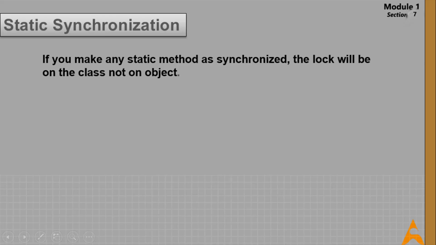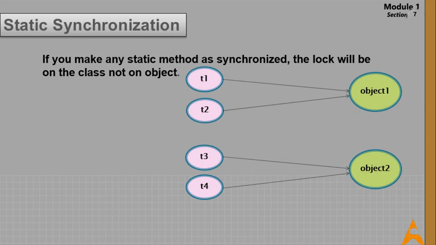Now let's talk about static synchronization in Java. If you make any static method synchronized, the lock will be on the class, not on the object. Suppose there are two objects of a shared class, for example, Table, named object1 and object2. In case of synchronized method and synchronized block, there cannot be interference between T1 and T2, or T3 and T4, because T1 and T2 both refer to a common object that has a single lock.